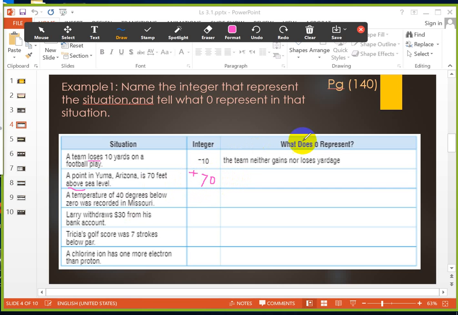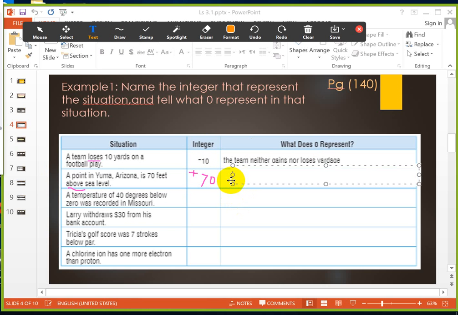If I told you the point is 0, according to the sea level, the height is 0. That means this point is exactly at sea level.